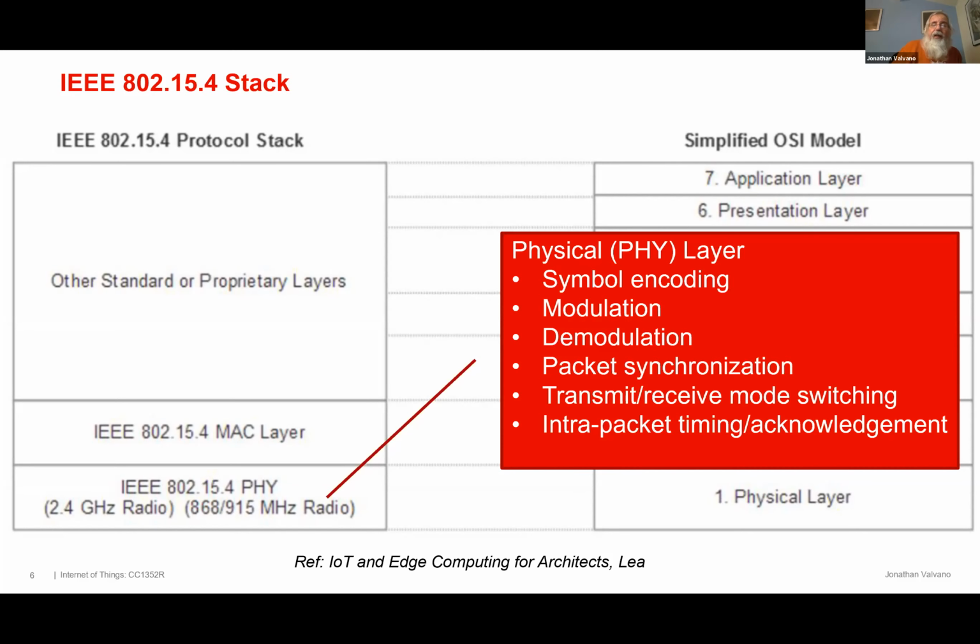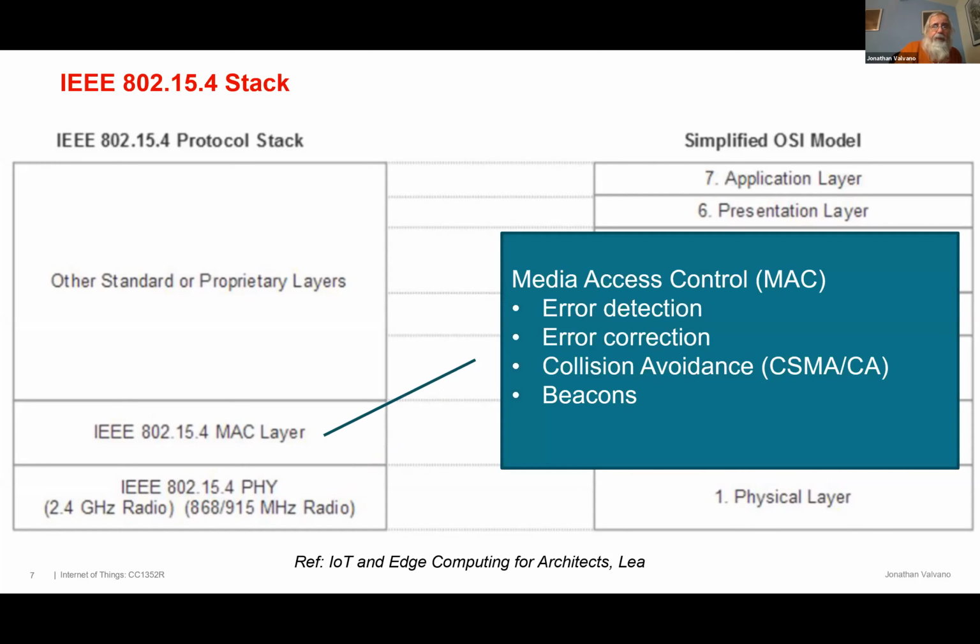It's not like SPI, there's no clock in there, or even I2C with a clock. So when it's time to receive, you basically listen and try to find it. And then obviously timing and acknowledgments. We'll see acknowledgement packets.